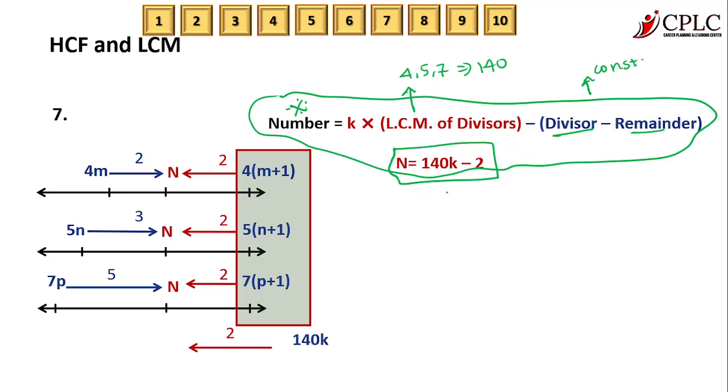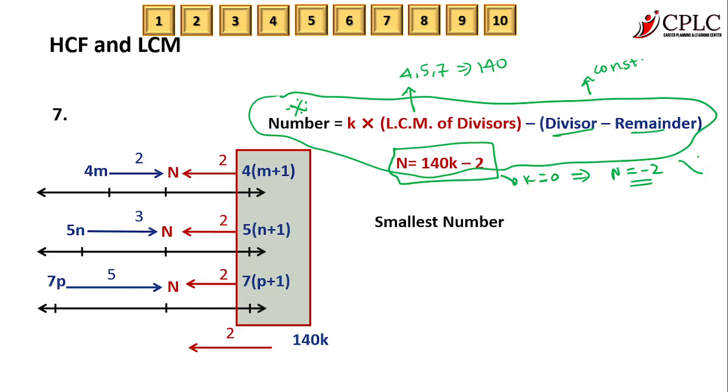Now think about it. For the smallest number, if we substitute as usual, considering the previous mindset, if we substitute k as 0, then the number becomes minus 2. But the problem with this number is, if we divide minus 2 by 4, we don't get the remainder of 2. We get the remainder of minus 2 only, which is not satisfying the main condition.